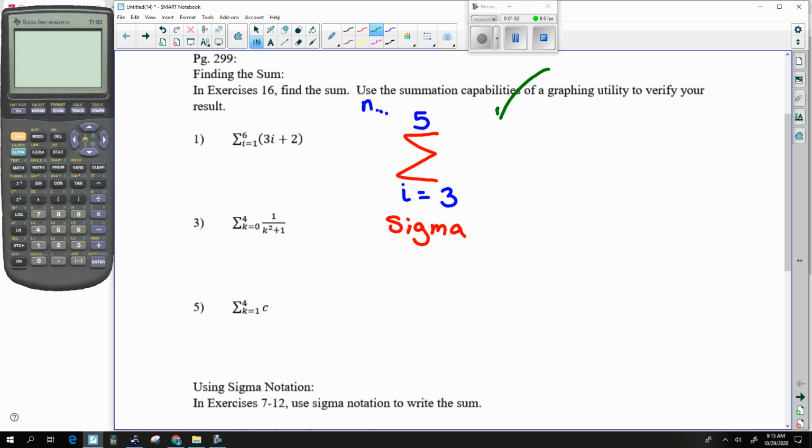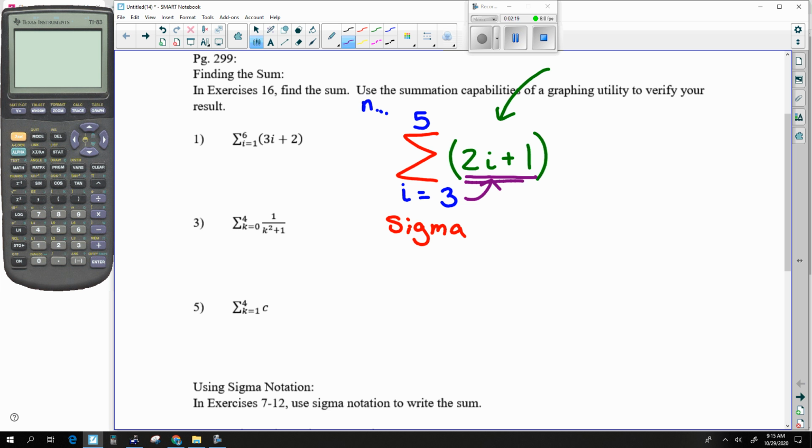Right here, they will usually give you some sort of equation, like 2i, or let's make it a little bit more complicated, 2i plus 1. So ultimately, what you're going to be doing here is you're going to do this entire equation with the number 3.